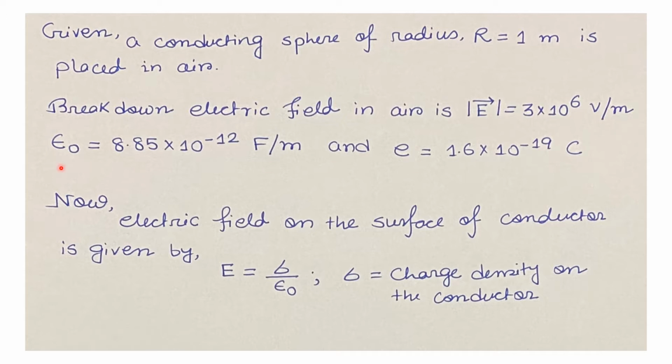The permittivity in the vacuum epsilon naught is 8.85 times 10 to the power minus 12 farad per meter, and the electronic charge is 1.6 times 10 to the power minus 19 coulomb. Now we know the electric field on the surface of a conductor is given by E equals to sigma by epsilon naught, where sigma equals to charge density on the conductor surface.